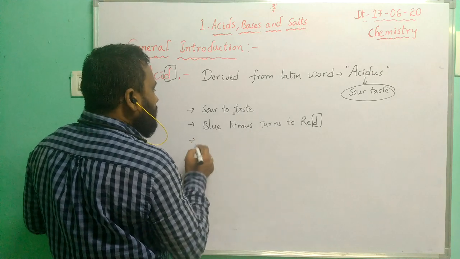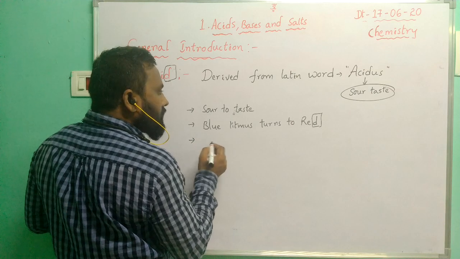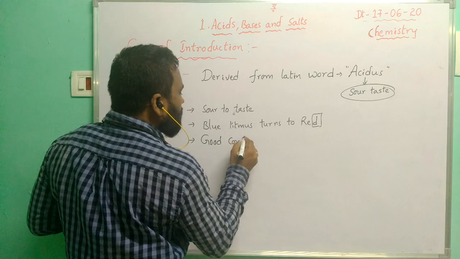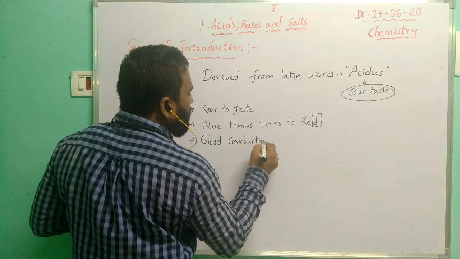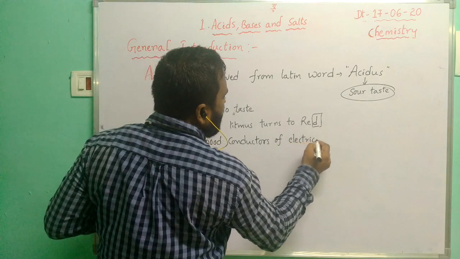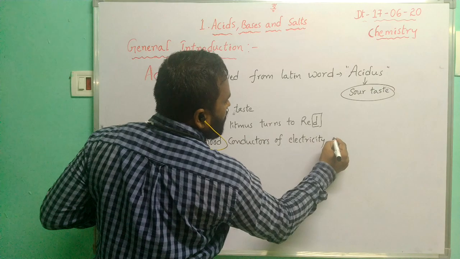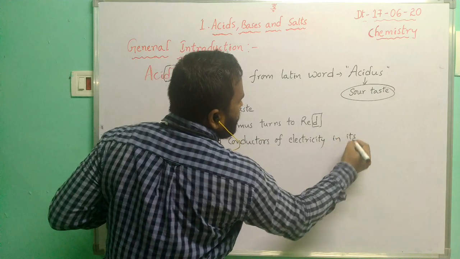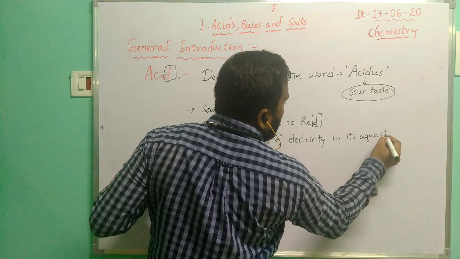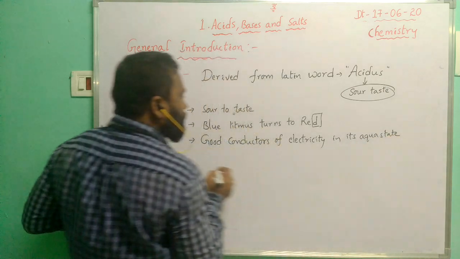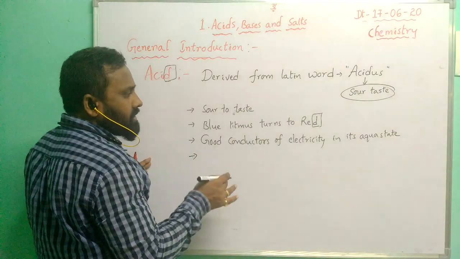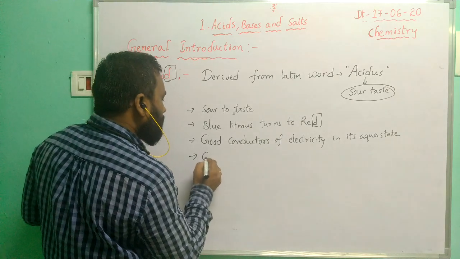Next, acids are good conductors of electricity in their aqueous state. The acids give H plus or H3O plus ions in their aqueous state.